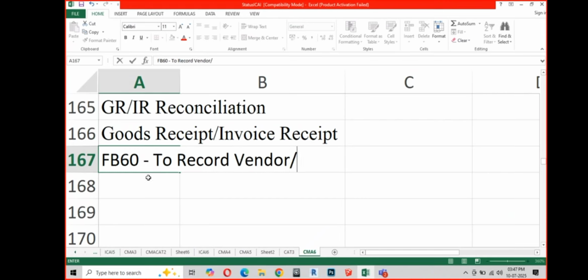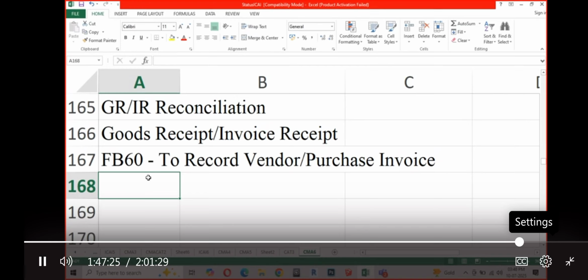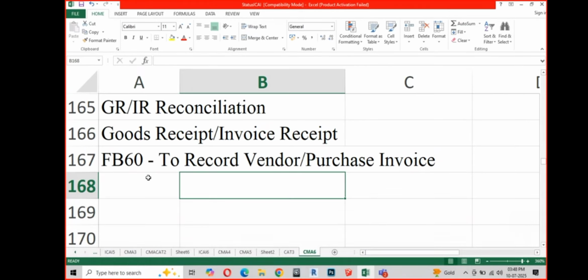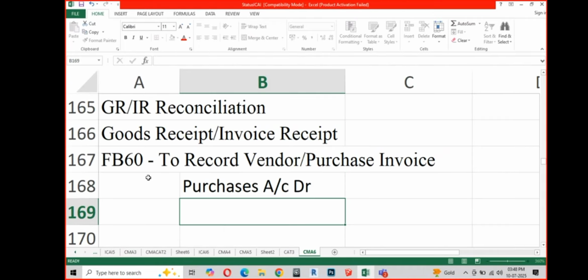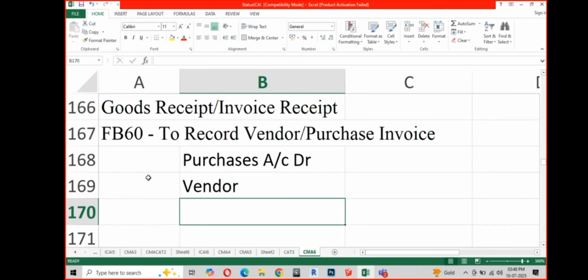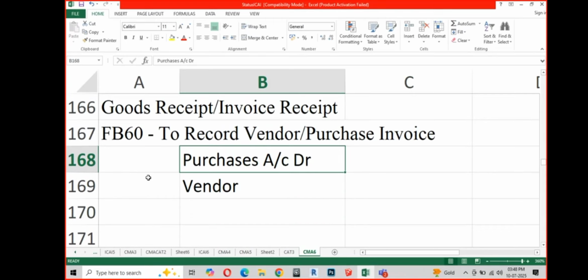So what happens here? This is the entry which happens in this transaction code. Now, as regards the customization, this is standard. This is as delivered by SAP.